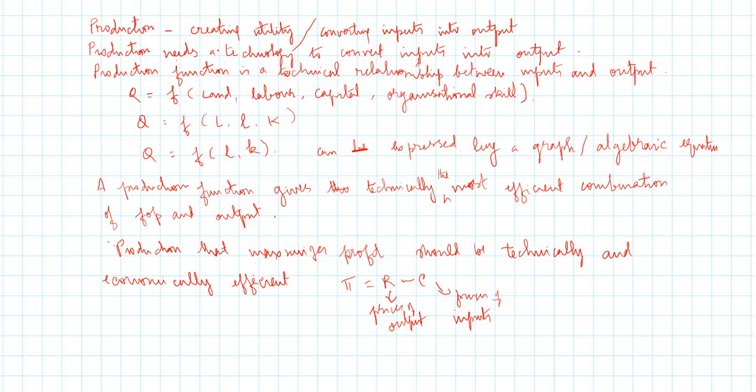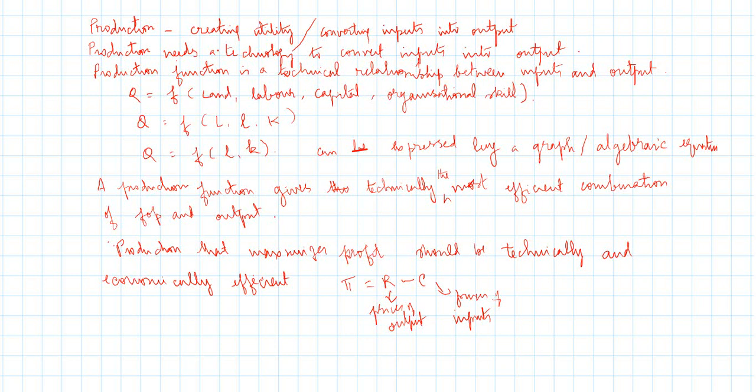Normally, we give a functional equation like this, where L represents land, labor, capital, and capital also includes the organizational skill, or you can put it as O, an organizational skill, as the fourth factor of production. But for simplicity, let us assume that the output is related to only labor and capital, because we assume that K represents capital as well as land and organizational skill.